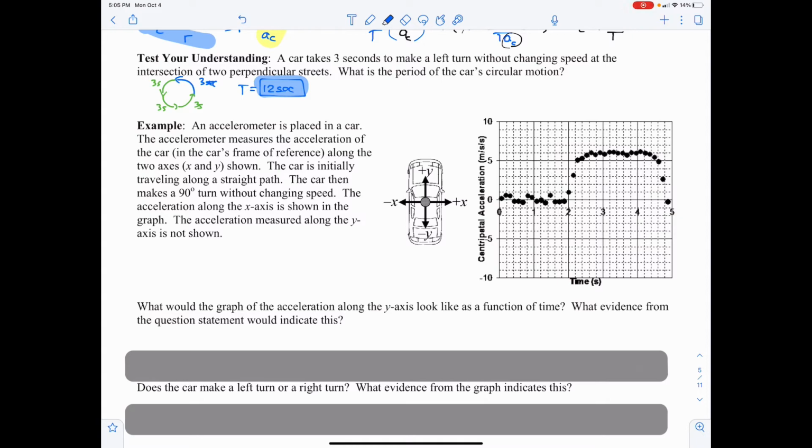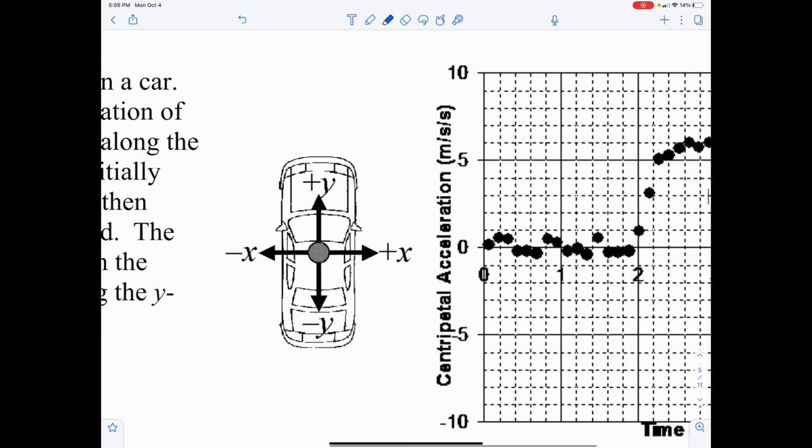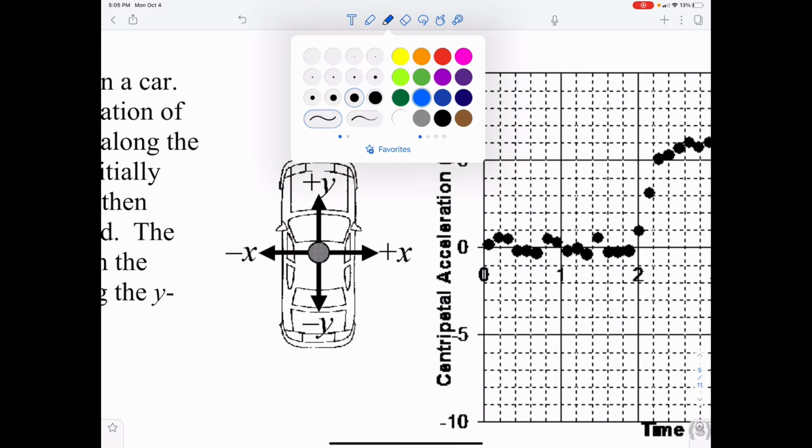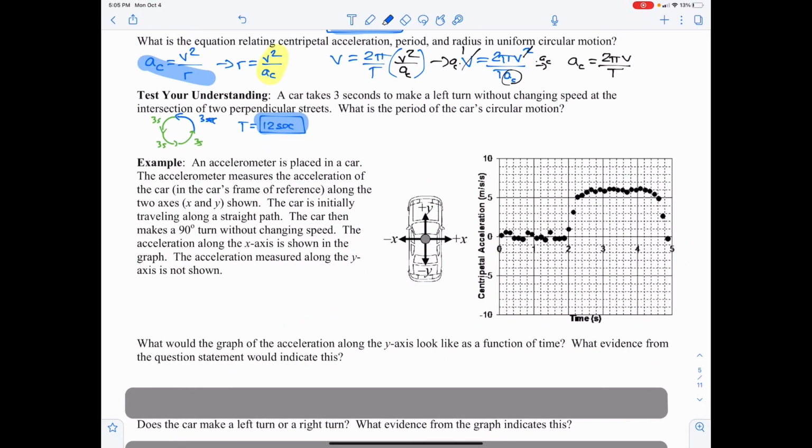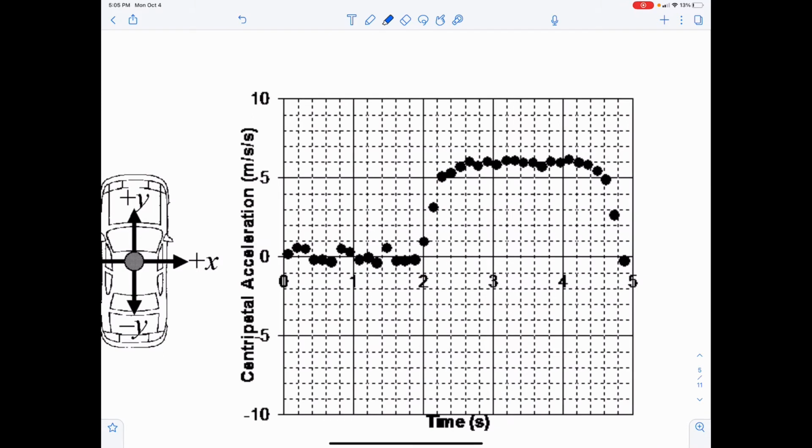Now, let's take a look at the picture. We can see that the x-direction acceleration would point to the right or left. The y-acceleration points forward to the front of the car or backward. Now, you can see pretty clearly that from 2 seconds to 5 seconds, we have 3 seconds of acceleration in the x direction.